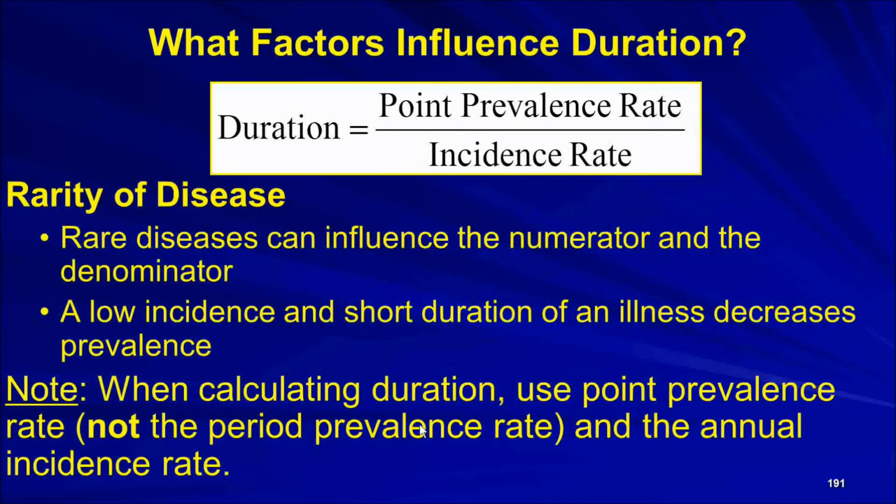When calculating duration, use point prevalence. You want a point prevalence rate, not the period prevalence rate, and the annual incidence rate. Now people say, well, I don't get this, because when you're talking about point prevalence, you're talking about a point in time, and when you're talking about incidence rate, you're talking about an annual period, and it doesn't seem logical to divide one by the other.